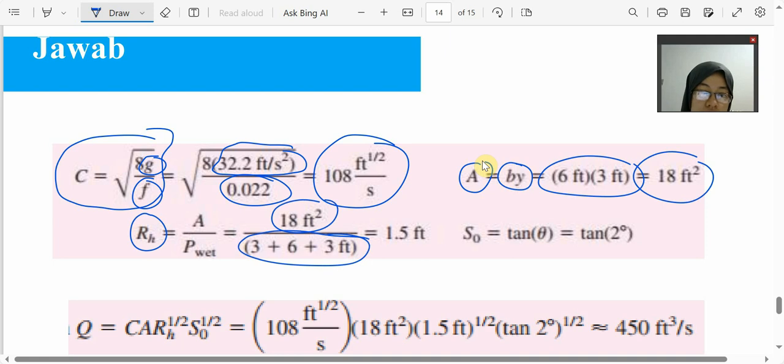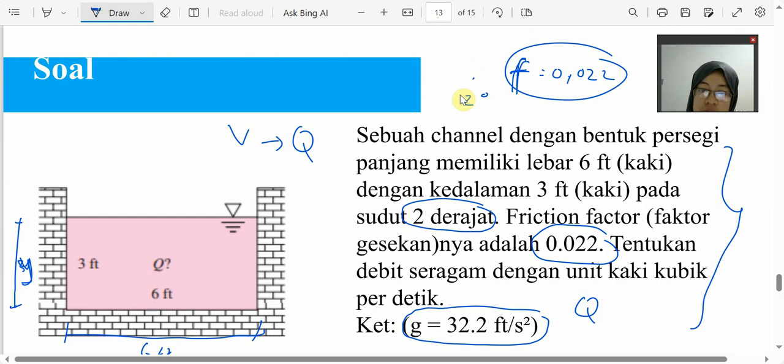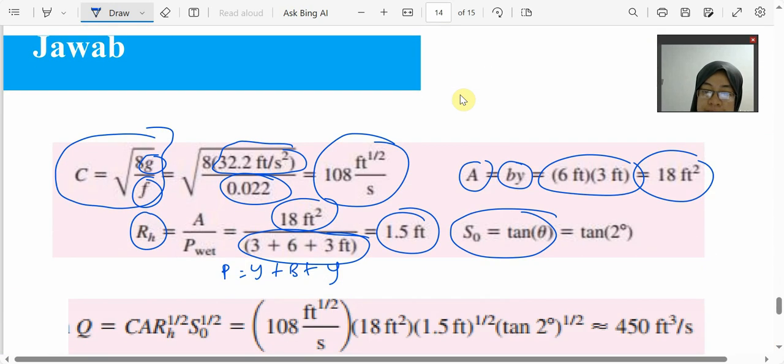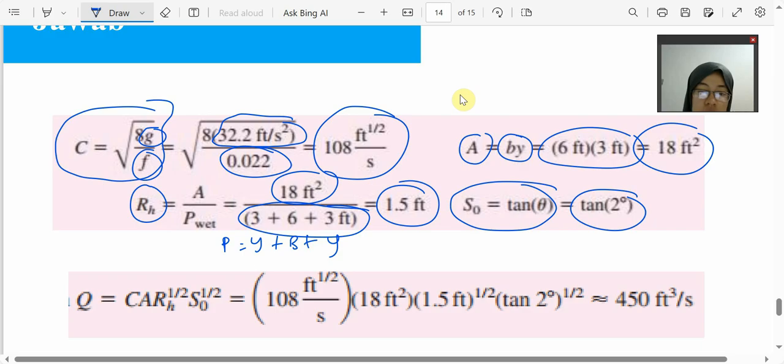P is equal to Y plus B plus Y. Then we get this number, and we know that S0 is equal to tan theta, and the theta is 2 degrees. So tan 2, and then we calculate the Q.